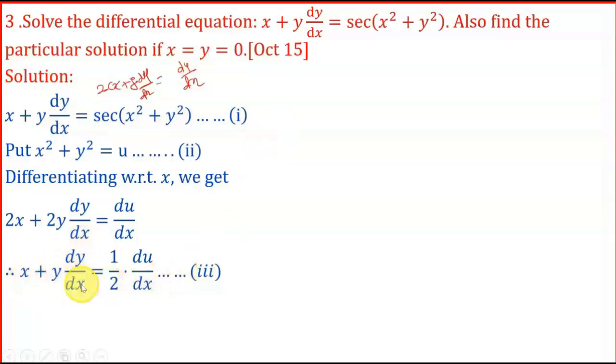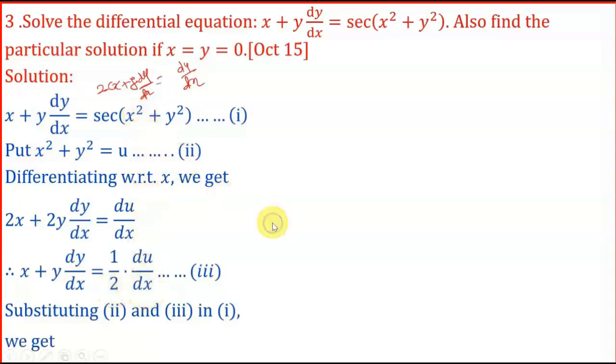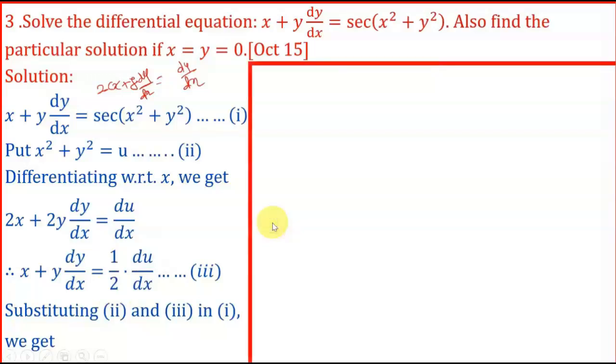Therefore, x plus y into dy by dx is equal to 1 upon 2 into du by dx. Now substitute this value in equation 1. What is the value of x plus y into dy by dx? It is 1 upon 2 into du by dx. Therefore, you will get here 1 upon 2 into du by dx is equal to sec square u.